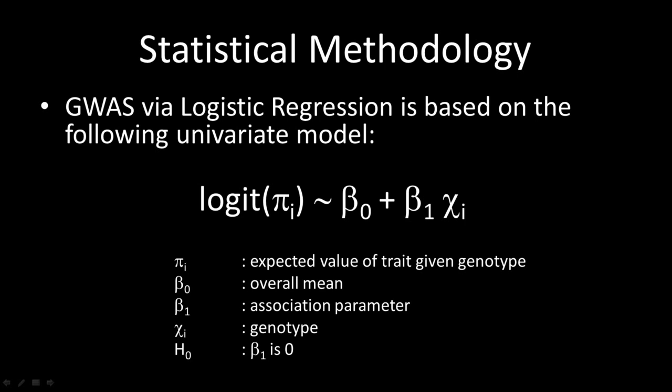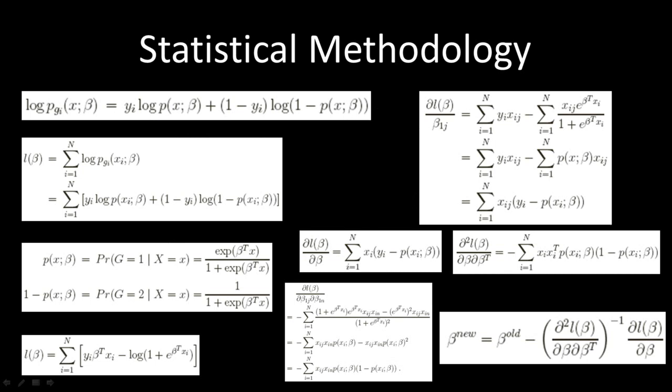analyzed. The statistical procedure for implementing a GWAS logistic regression is quite involved, but a majority of the computation is conducted via the beta update step. The step consists of a loop that calculates the new beta by multiplying the following components.